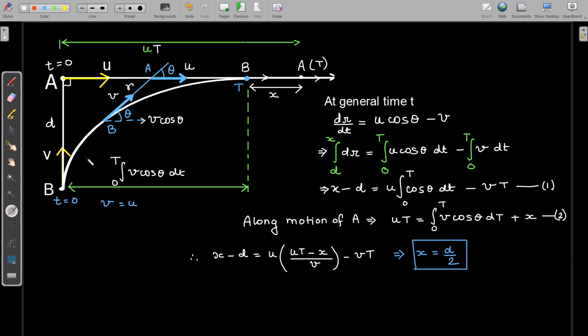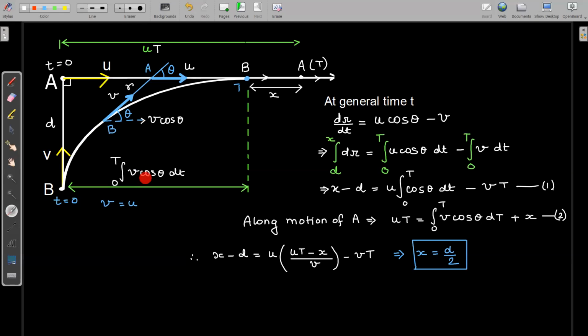You must go through the last video, where I explained the projection of a curve on a straight line. The displacement that particle B undergoes only along the x-axis in time capital T is from this initial position till the final position of B at this point. The velocity of B along the x-axis is v cos theta.